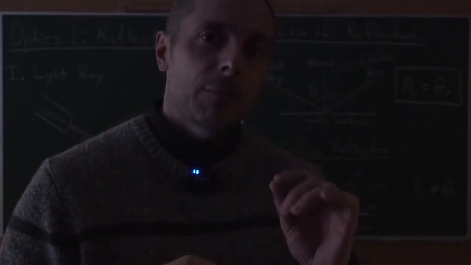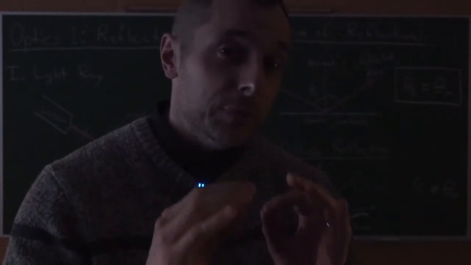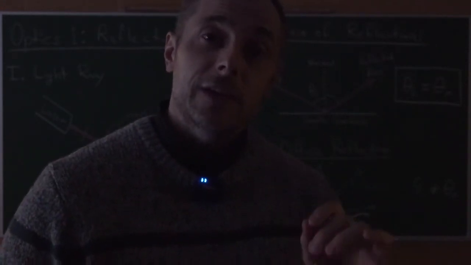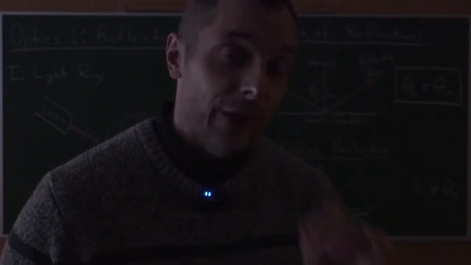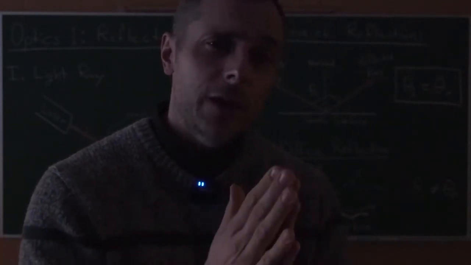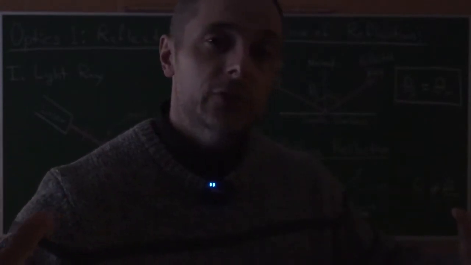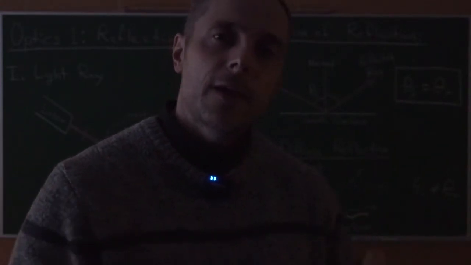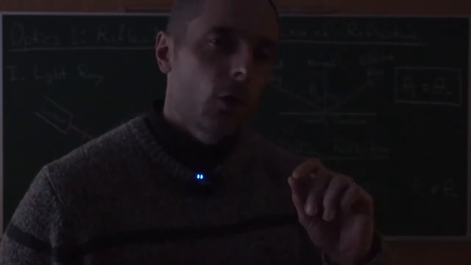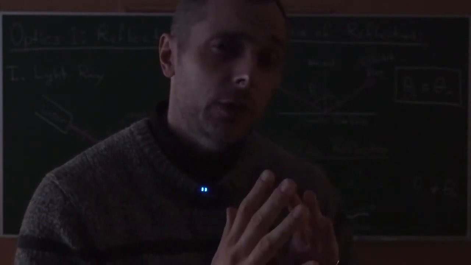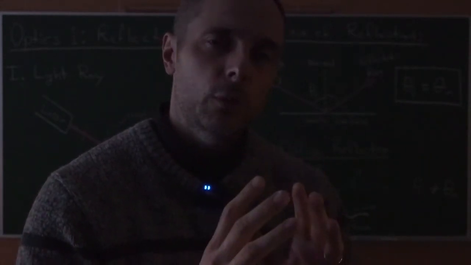So let's begin by looking at light in particular. What I want to start with is the concept of diffraction. Remember, diffraction is when a wave passes through an opening and spreads out and fills the chamber that it's going into. But here's the thing: it only does that if the opening it's going through is small compared to the wavelength.